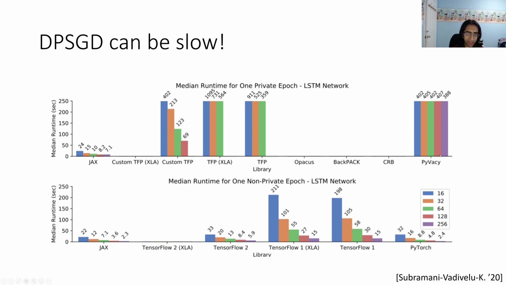And this type of overhead has been noticed before. For example, some people complain that things which take maybe 10 minutes without privacy will take upwards of 10 hours with privacy. So you have to really use the right tools for the job in order to get rid of these overheads.